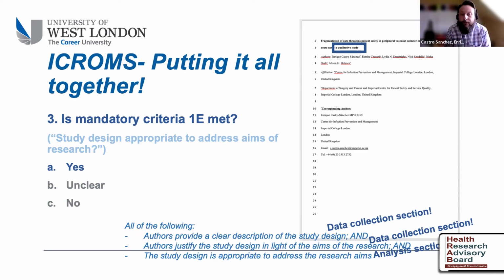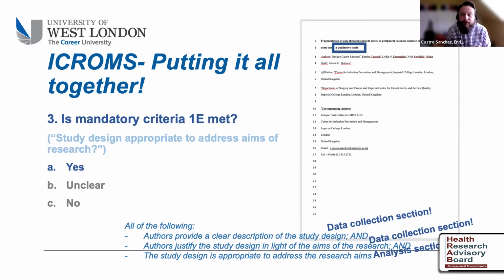So the authors must provide a clear description of the study design. In this paper, if you go to the data collection section, they say semi-structured face-to-face interviews were conducted, and so on. So there is a clear description of the study design in that paragraph, so we can tick that box.